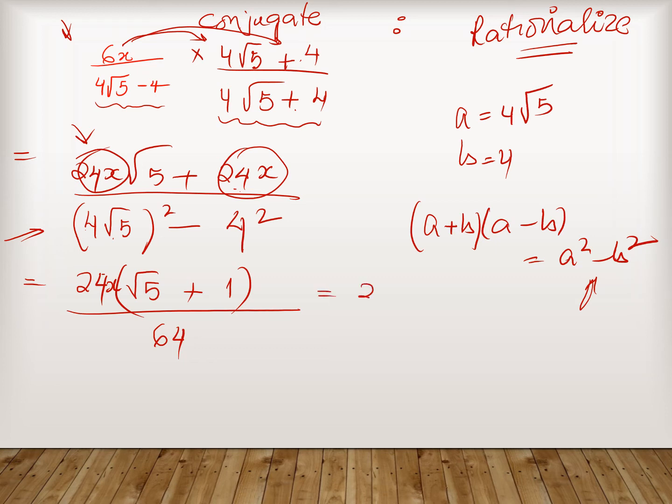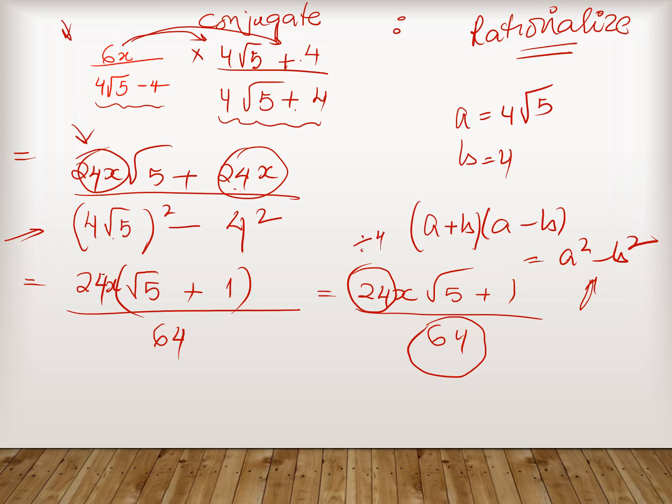So you will get 24x times square root of 5 plus 1, divided by 64. 24 and 64 both go in the table of 4: 4 times 6 is 24, and 4 times 16 is 64, and again they go in the table of 2, which gives you 3 over 8.